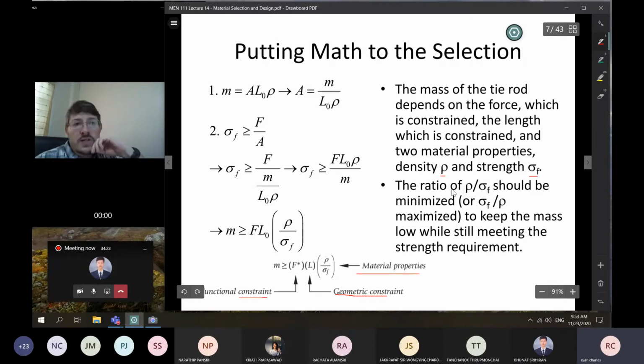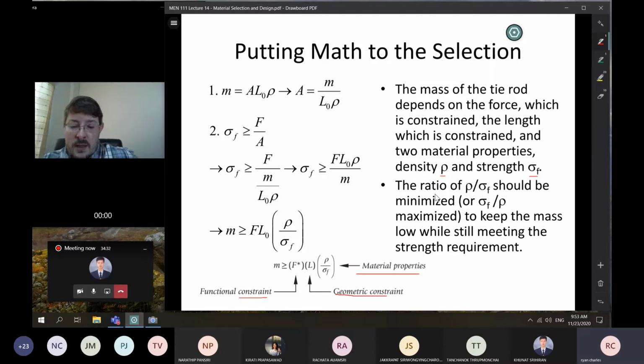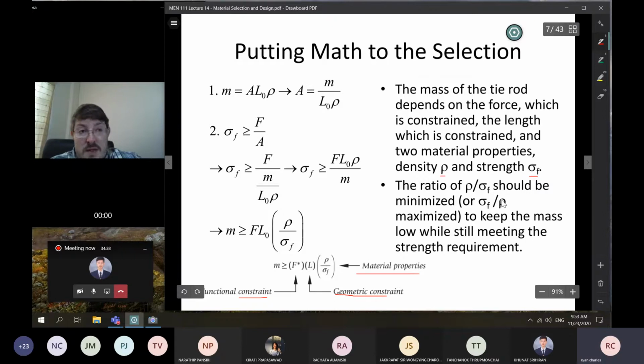The ratio of density to this strength term should be minimized. We'd want to minimize that term, density divided by a yield strength or a failure strength, or if it was flipped over, you'd maximize it. This is to keep the mass low while still meeting the strength requirement.